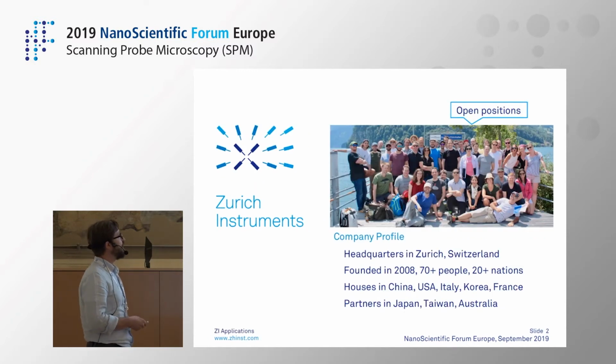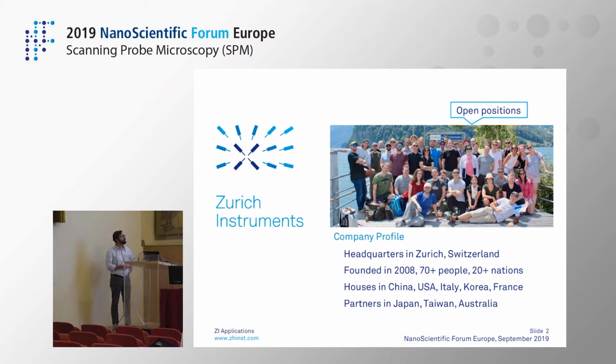So let me just start with a slide on Zurich Instruments, the company. We are based in Zurich. We have grown to quite a good level in the last 11 years. We are addressing a lot of different markets, but always with fast digital signal processing in mind.